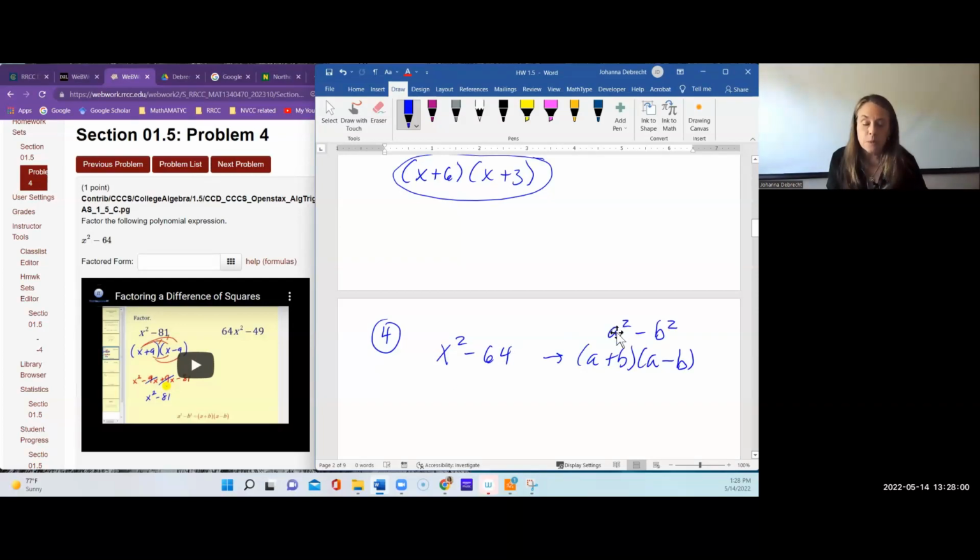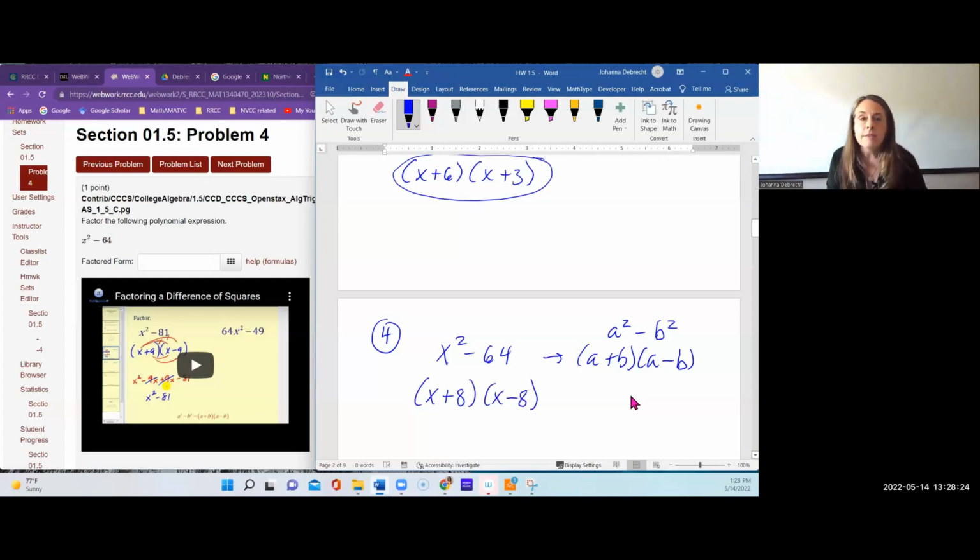So you take the square root of the first perfect square and the square root of the second perfect square, and you write them inside parentheses, one with a plus and one with a minus. This means the outside and inside products cancel, and that gives us no middle term. That means that this has to be x plus 8, x minus 8.